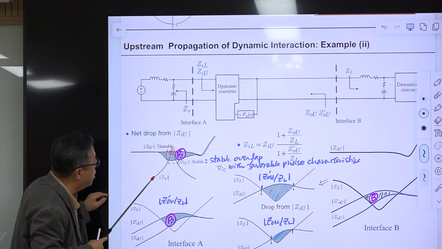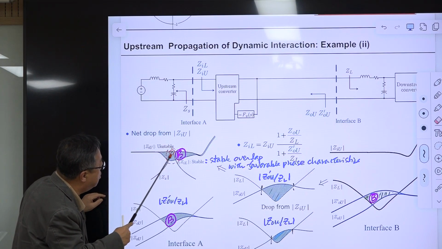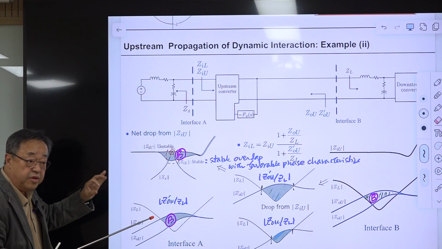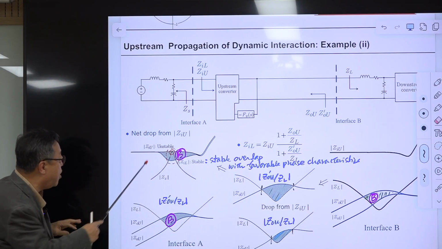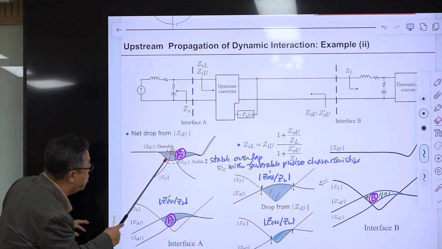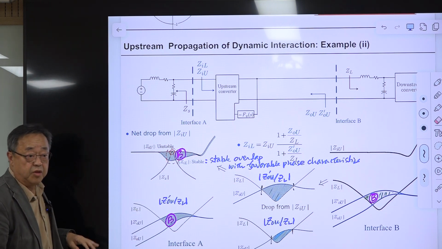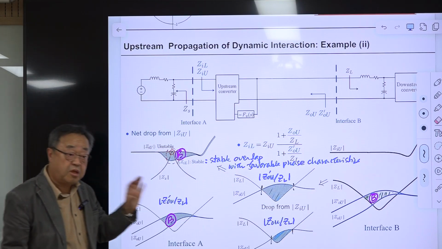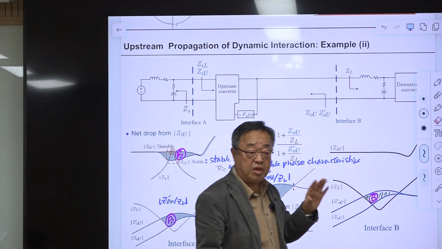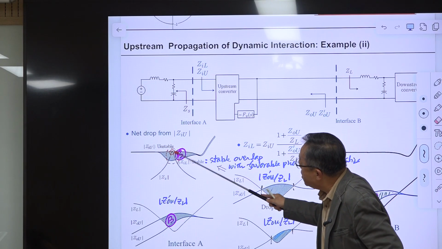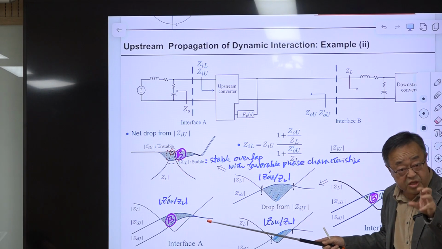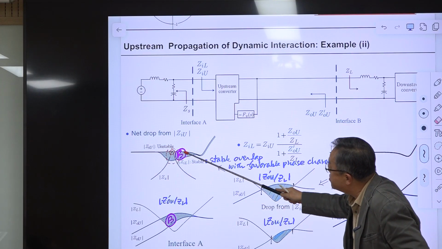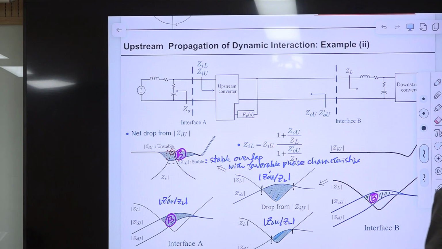Previously it was like this, so there was a small overlap, a small intersection, a small crossover, but now this one is much bigger than the previous one. Then what will happen? Does the converter become more stable, or more unstable? Because we had this small overlap and it was unstable, with this large intersection, the system becomes more unstable.